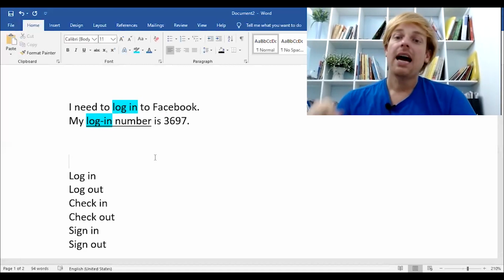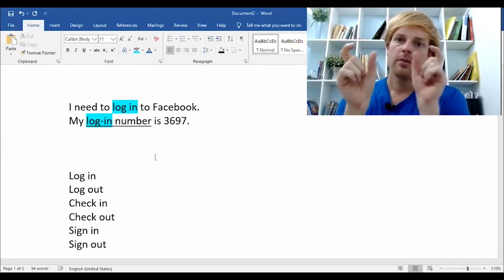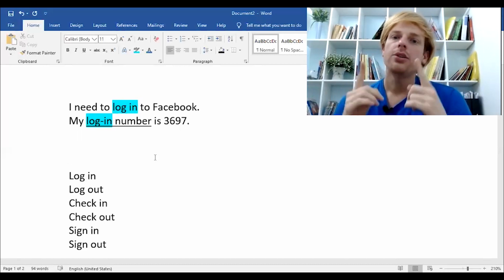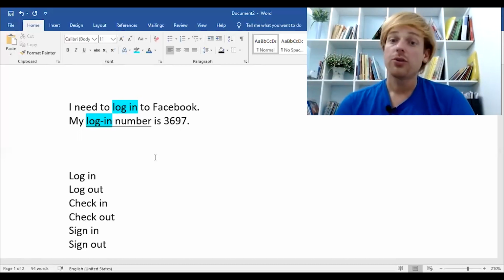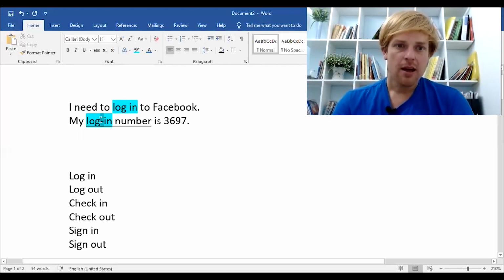So we have, I need to log in, my login number, the check-in website, the checkout page, right? You can combine them together into one adjective. You could do that with any of these phrasal verbs. So just notice how they look a little bit different.